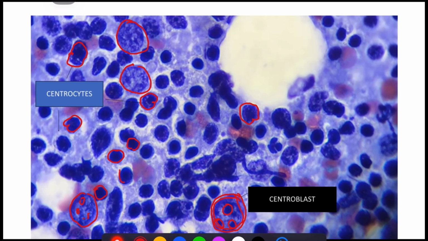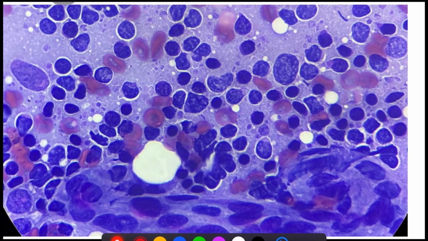These are the small lymphocytes, these are the small cleaved and large cleaved centrocytes, right? And these are the follicular dendritic cells, right? Here also you can see a large cell, centroblast, and a cleaved centrocyte which is large in size.